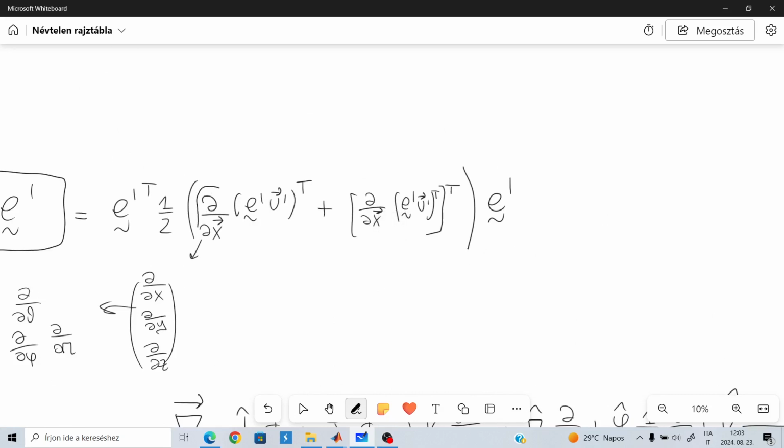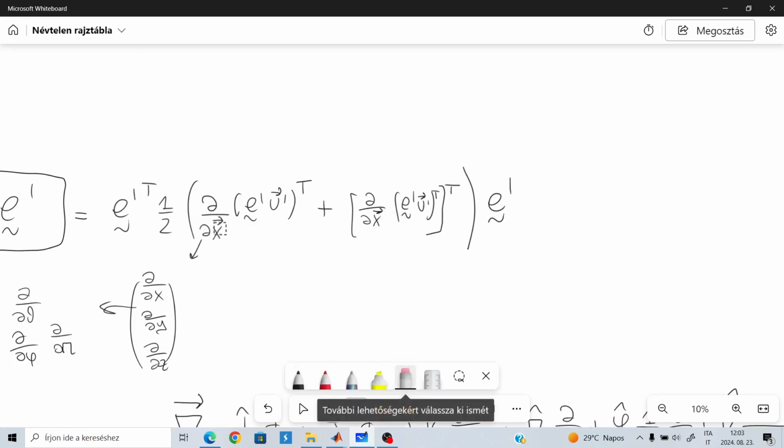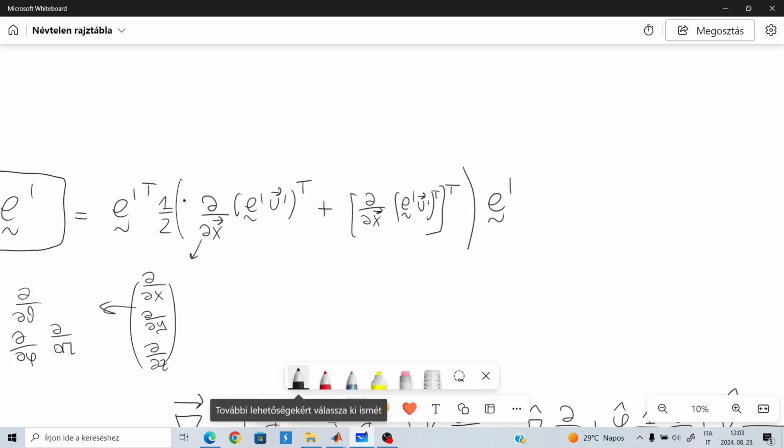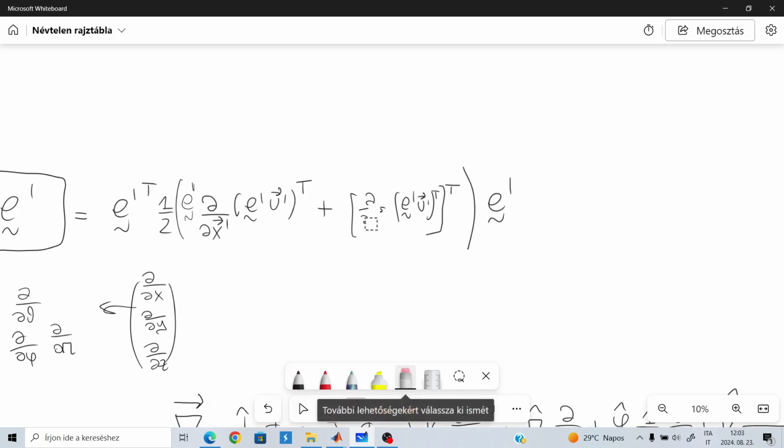So I have to transform this, and I can do it in here. So I can put e tilde prime, and this would be d over dx prime. So this is written in spherical coordinates. And similarly in here we have e tilde prime d over dx prime.